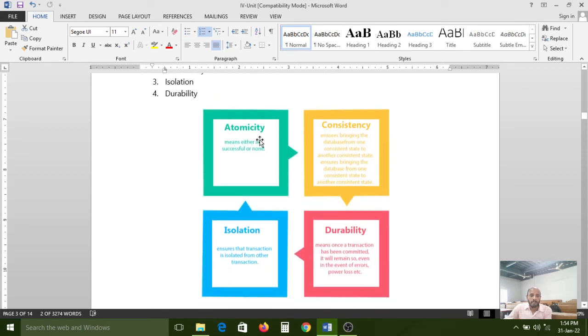Here I have given one example, one diagram. Just carefully observe. Atomicity means either all successful or none.